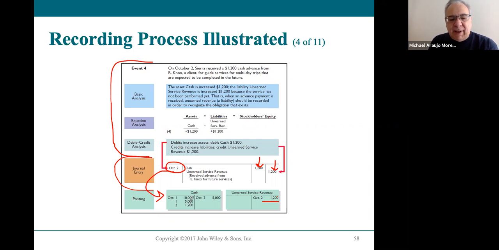What if I asked what the balance is in the cash account? Well, again, you would simply look at all of the debits as increases, all of the credits as decreases. You would see that the debit side is larger by $11,200.